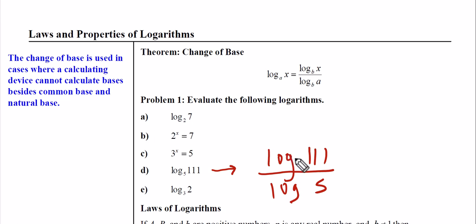Remember, if we wanted to change this to base 7, we could. Or 17 if you want, we could. The idea of change of base is I can change this to any other base that I want. Currently, we want to use the calculator to our advantage, so we would use something that's on a calculator like the common log.